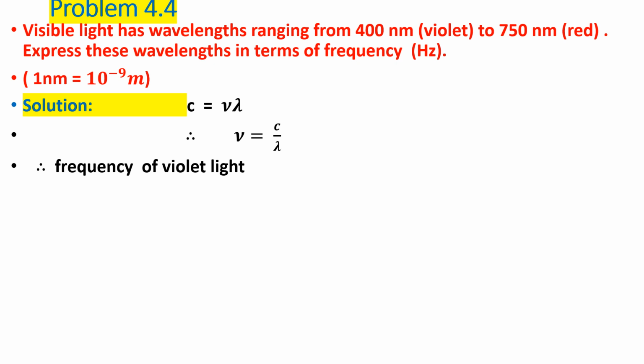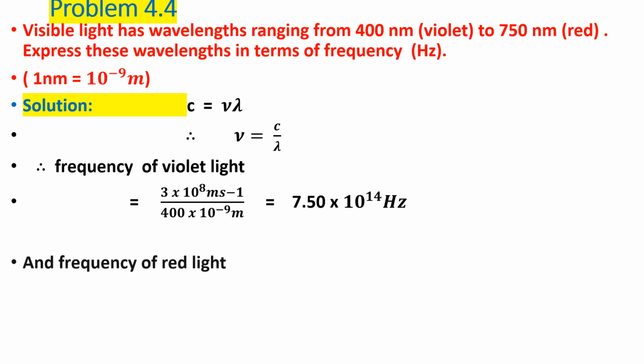Therefore, frequency of violet light is equal to, where the speed of light is 3 into 10 raised to 8 meter per second, common for all spectral light, so 3 into 10 raised to 8 upon 400 into 10 raised to minus 9. It gives the value 7.50 into 10 raised to 14 hertz.